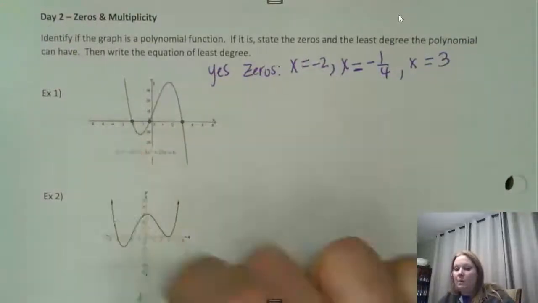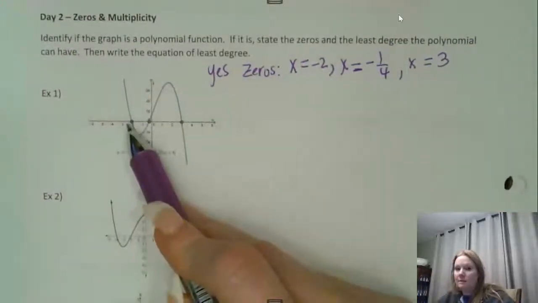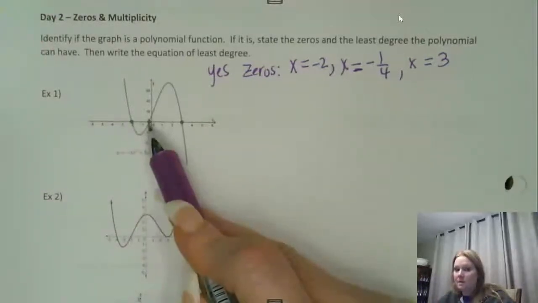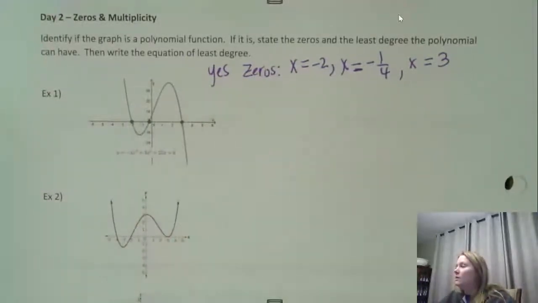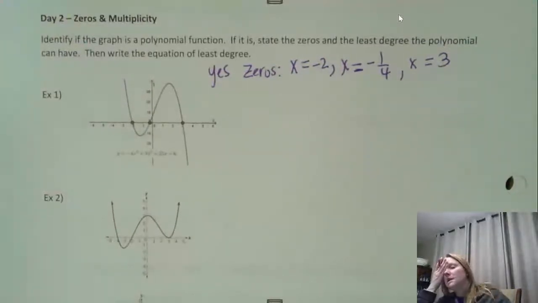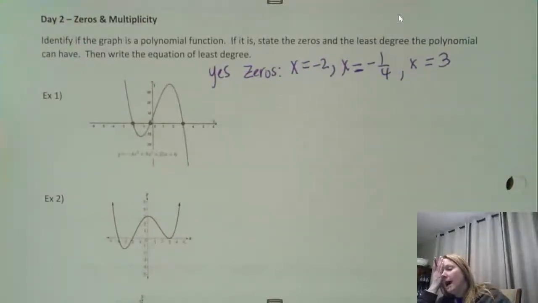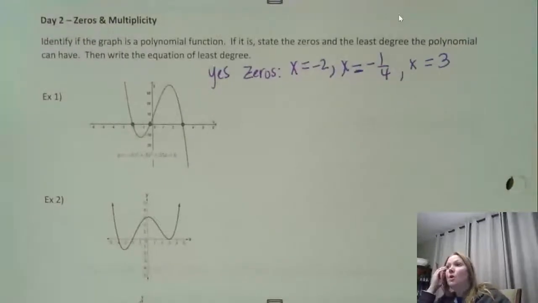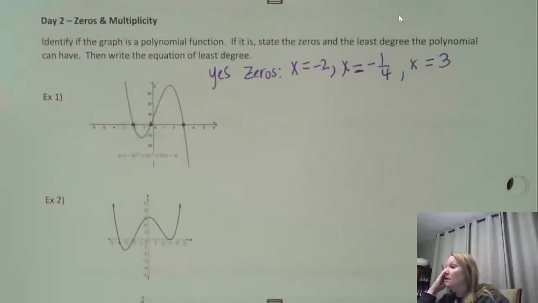Least degree. Well, since this crosses, we learned yesterday that if it crosses the x-axis, it has an odd multiplicity. So the smallest odd number we could have is 1.